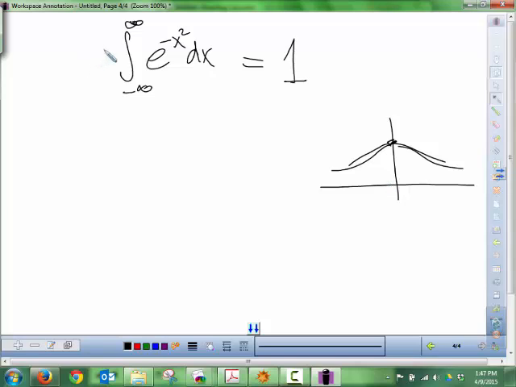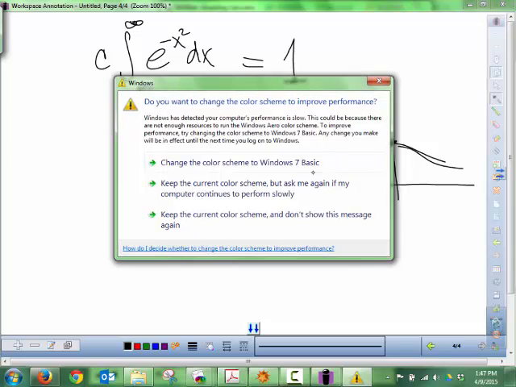So what we need is to multiply this by a constant, so that this can be equal to 1. Right? What constant do we multiply by? Well, if we multiply or divide by c on both sides, then we'll figure that out.